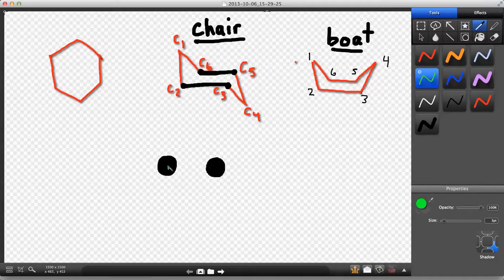Front carbons, I'm going to have those as green. Back carbons, we'll have those as blue.